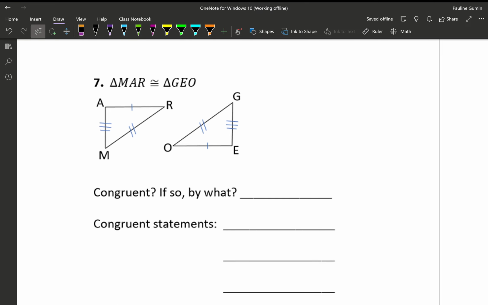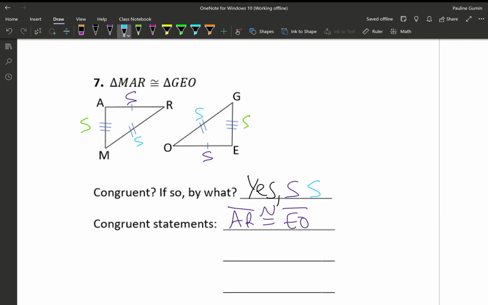Ooh, this one's actually probably the easiest one to see. Let's see. They both have a side with 1 tick mark, a side with 2 tick marks, and a side with 3 tick marks. So these are congruent by SSS. Let's write down the congruencies. First, we have AR congruent to EO.